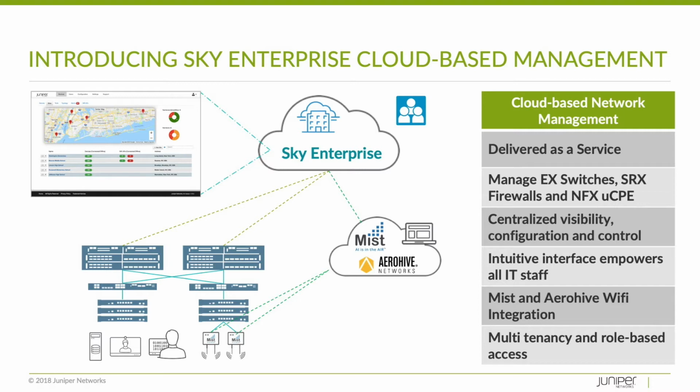And one of the best things about Sky Enterprise is that it is very simple to use. You don't need Juniper experience to manage a network with Sky Enterprise. The platform also includes multi-tenancy and multiple role-based access.